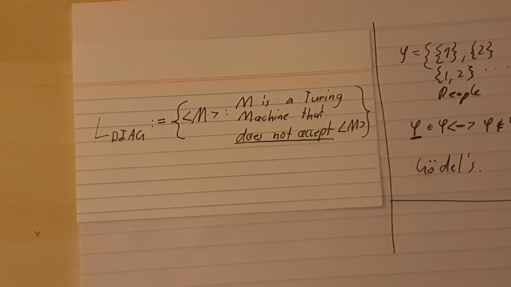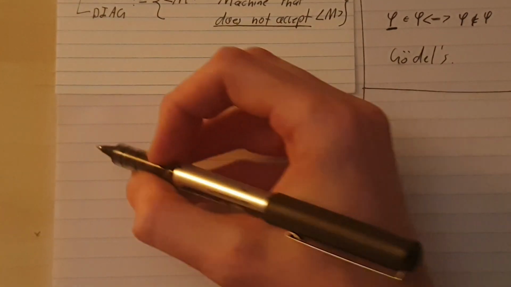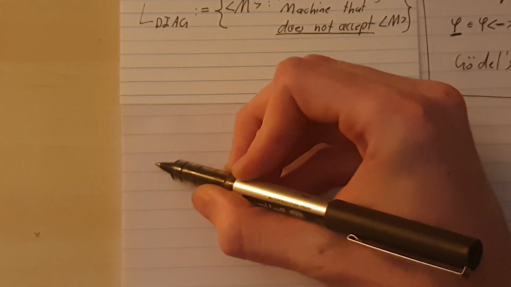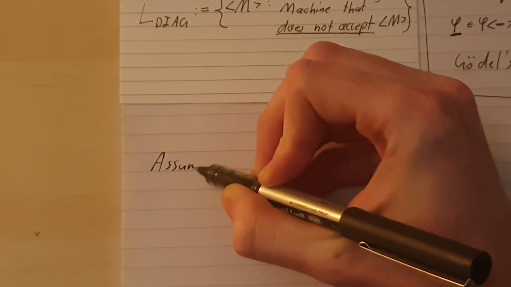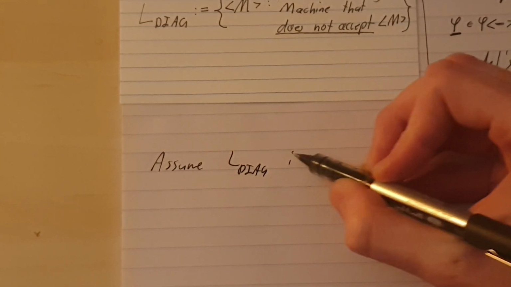So if we want to put this proof together rigorously, we'll see why this is a little more interesting than Russell's paradox, and why we've actually gotten ourselves in a slightly better situation than all of mathematics. Say you want to prove that this is not recognizable. You would first assume that L-DIAG, I might just call it L for now, is Turing recognizable.